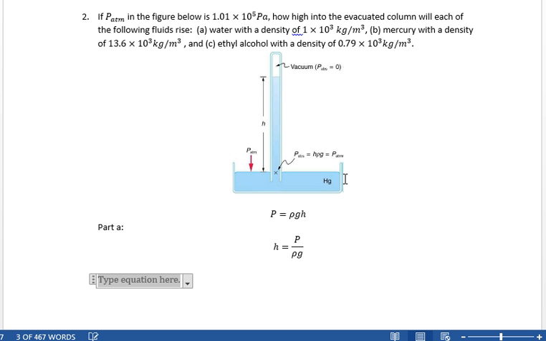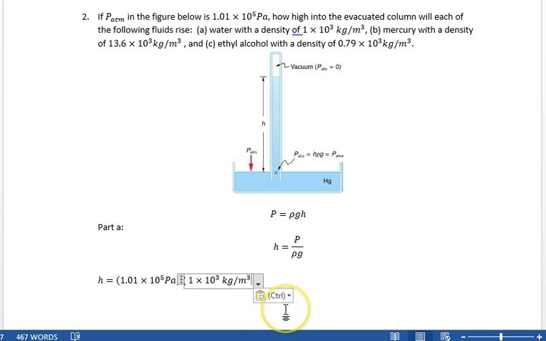Now we have height equals, all right, so 1.01 times 10 to the 5th pascals is what we're looking at in terms of pressure on top. Density, 1 times 10 to the 3rd kilograms per cubic meter, right? And our acceleration of gravity, 9.8 meters per second squared.